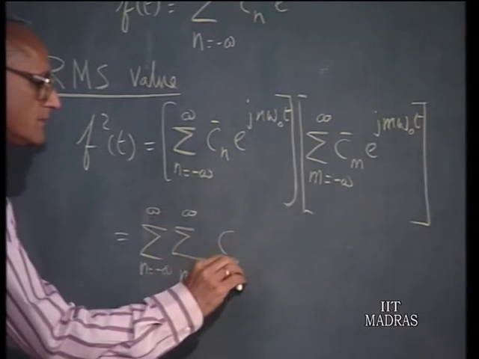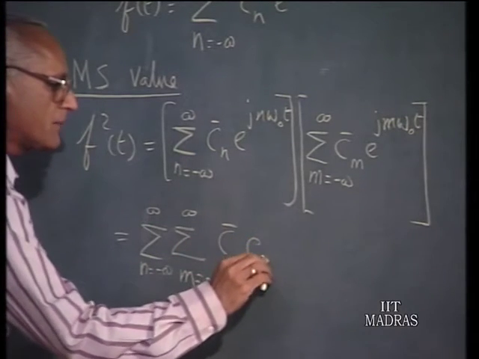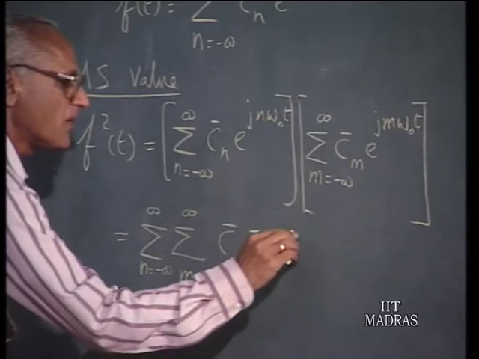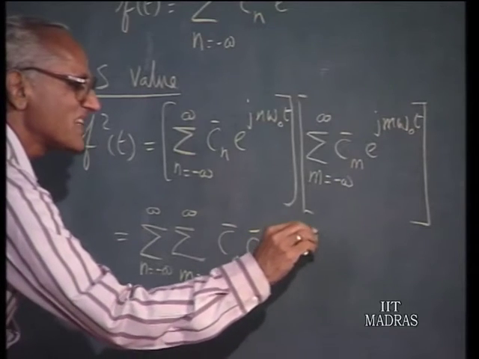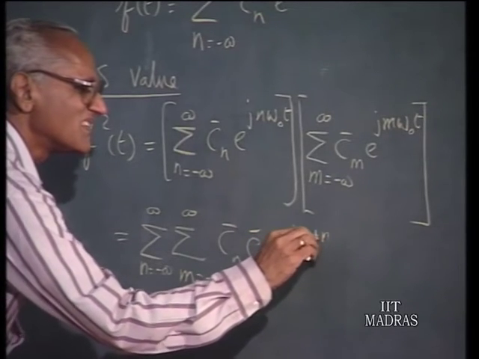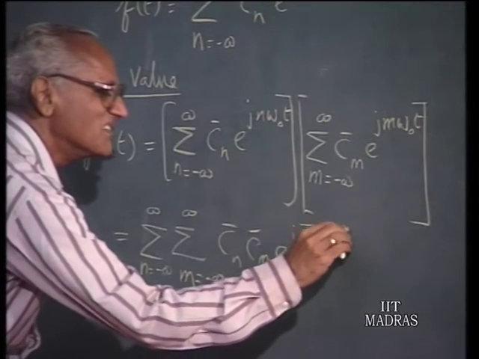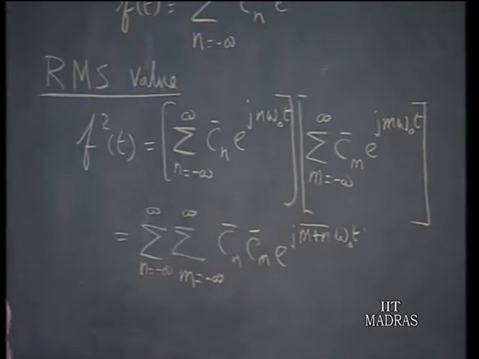So I have Cn multiplied by Cm e to the power of j (m plus n) omega naught t. Now in order to find out the mean value of this f square t, we should find out the average of this whole series.